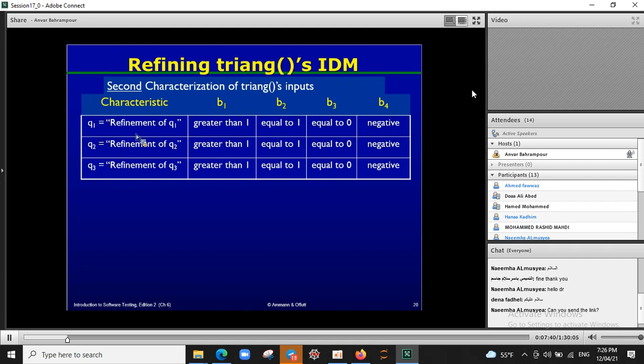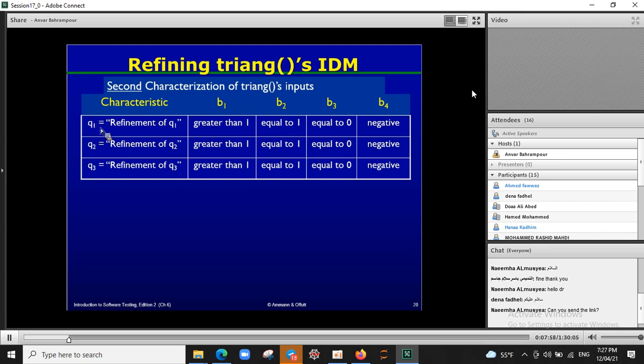In the interface-based approach, as you remember, we just consider some characteristics for our input parameters to partition the domain of that input parameter.